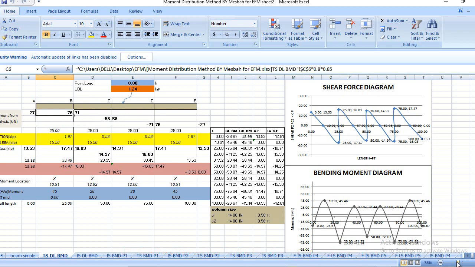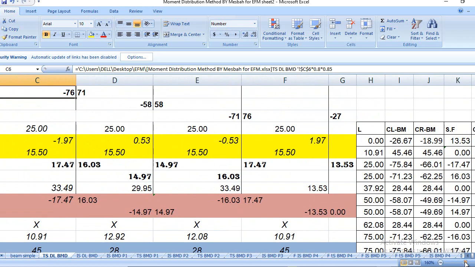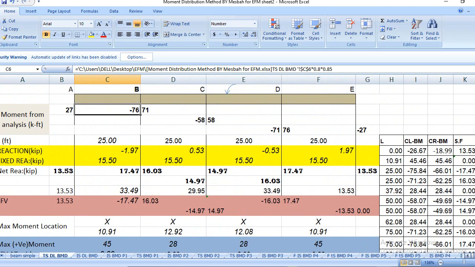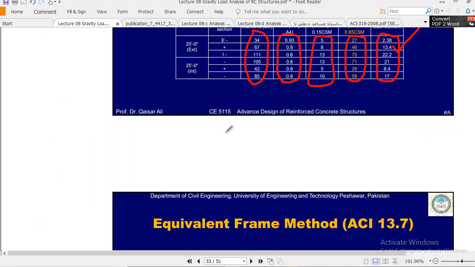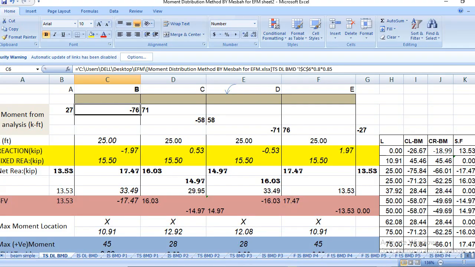Now let me maximize this. Okay, now this 76 is basically one I already explained. Okay, here we have this one, 111. Clear? Now that one should be multiplied by the product of these two coefficients to get the beam moment. Clear?